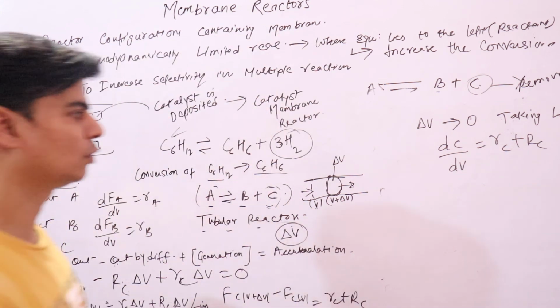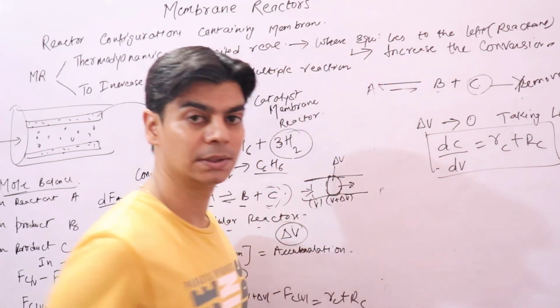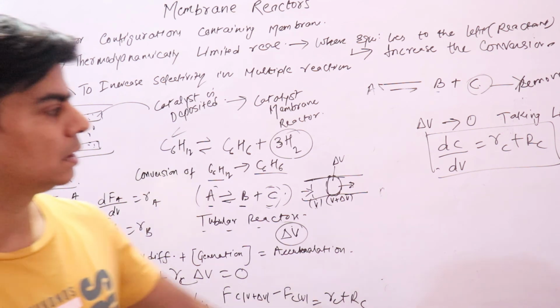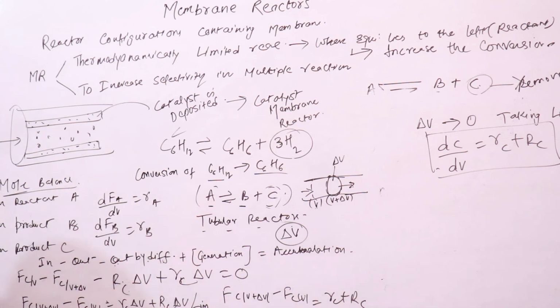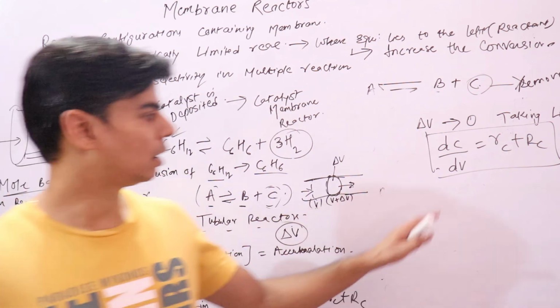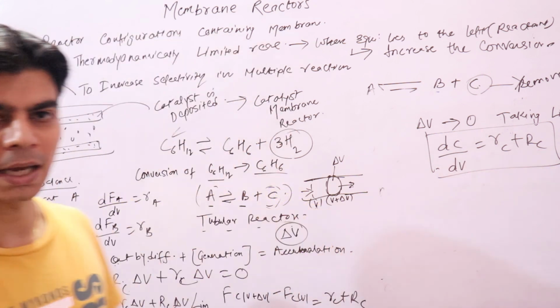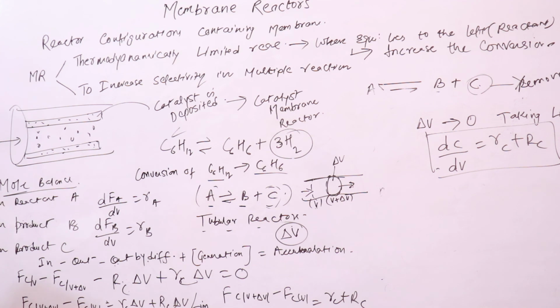This is the mole balance for your product that is leaving through the membrane reactor, leaving through the membrane. You can further calculate small rc and capital RC, but right now we are not doing that. Capital RC is your molar rate of C leaving through the sides of the reactor, that is through the membrane. I hope this is clear.